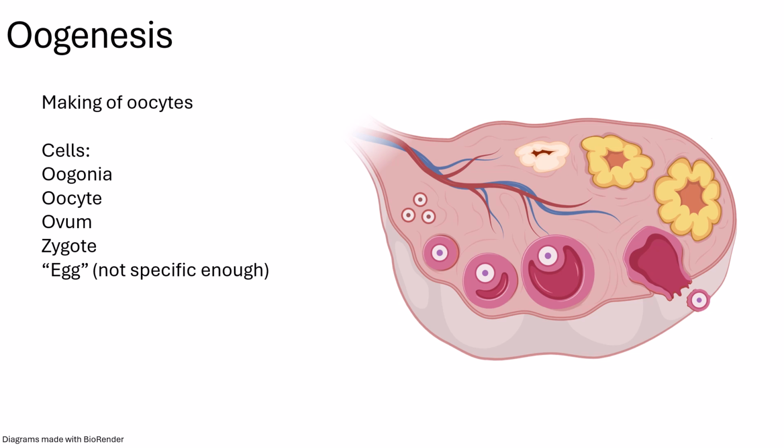Oogonia are stem cells. Oocytes are those stem cells going through the stages of meiosis, and that's happening in the ovary. An ovum, or plural ova, is technically what's ovulated out of the ovary to meet up with spermatozoa.